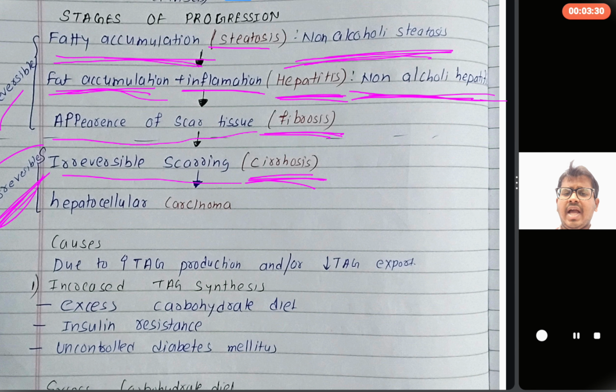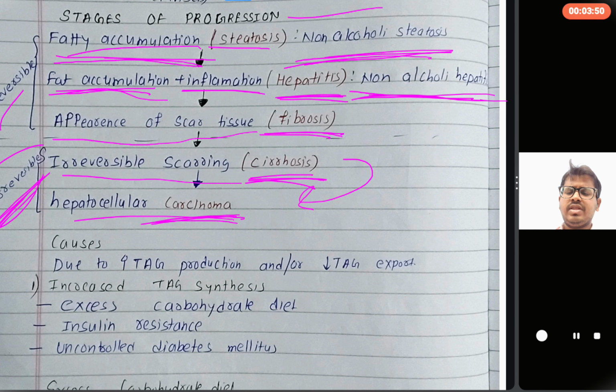Because scarring has happened much more, there is roughness around the liver, and it is much more. Then the next step is hepatocellular carcinoma. This is the last stage. And you understood the stages of progression of fatty liver.